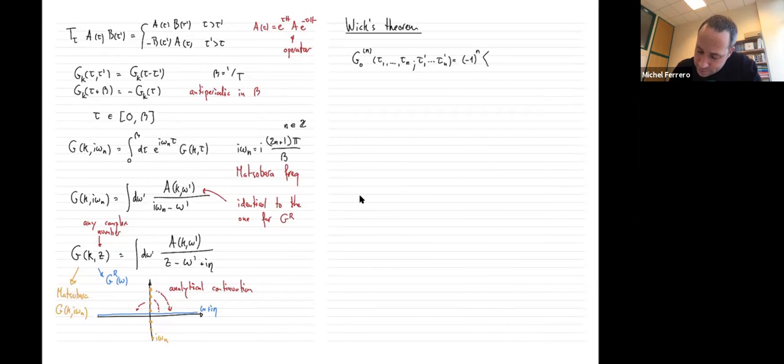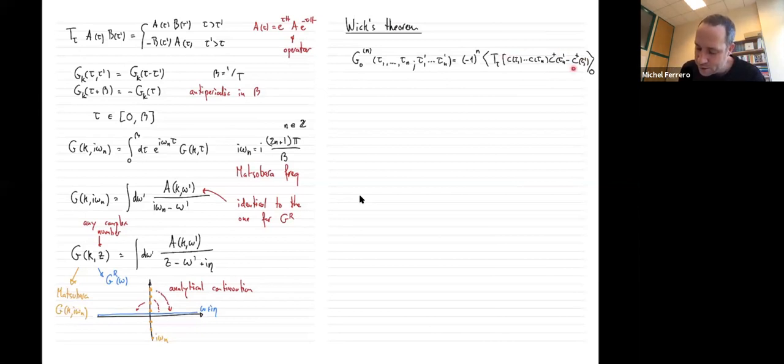It's sort of a generalization of the Green's function. It's a correlator, so there's a time-ordered product, but this time it involves n destruction operators and n creation operators. I'm running out of space, of course. So many times we have to compute objects that involve n particles.